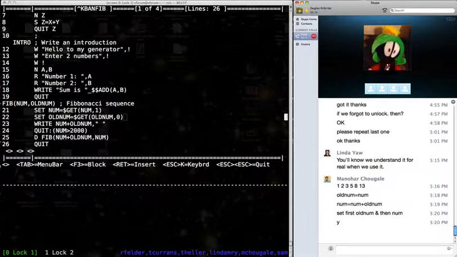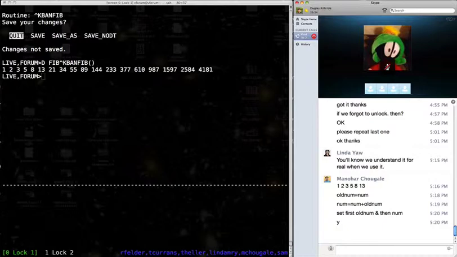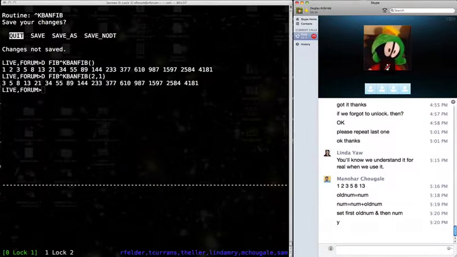So this is a good way to set your parameter values to defaults if you don't want to actually pass them. You notice that I do not pass any parameters here, and it works. I can pass 2 and 1, and it's going to start with 3.